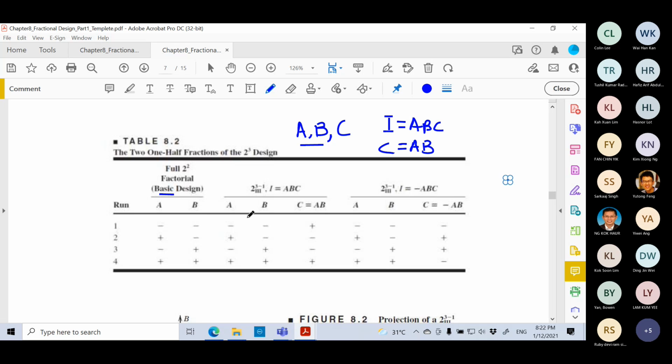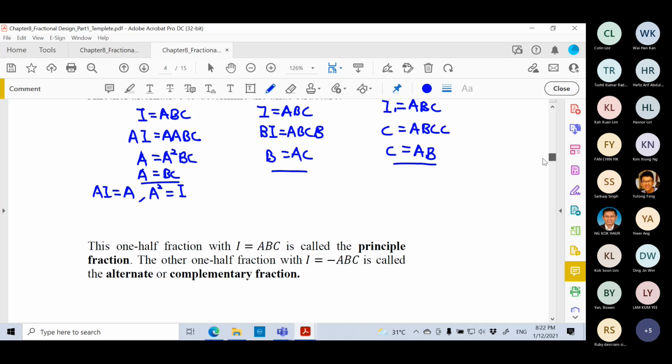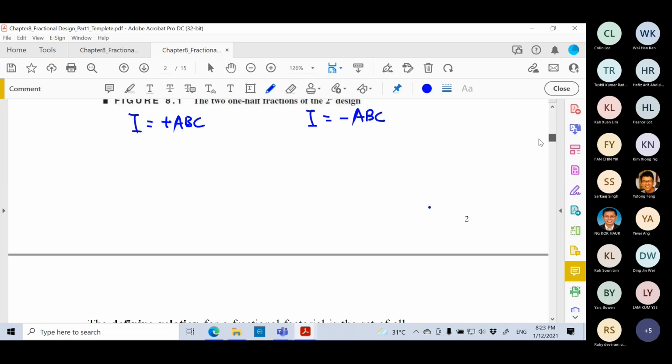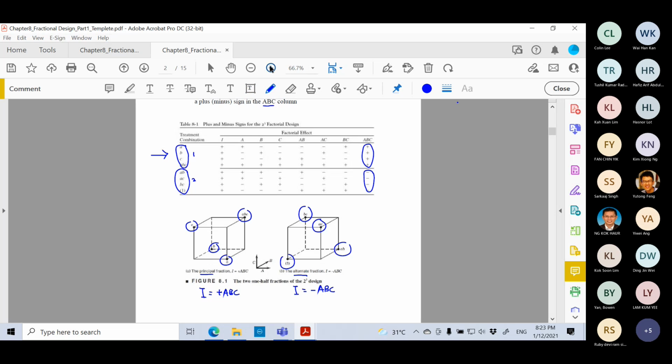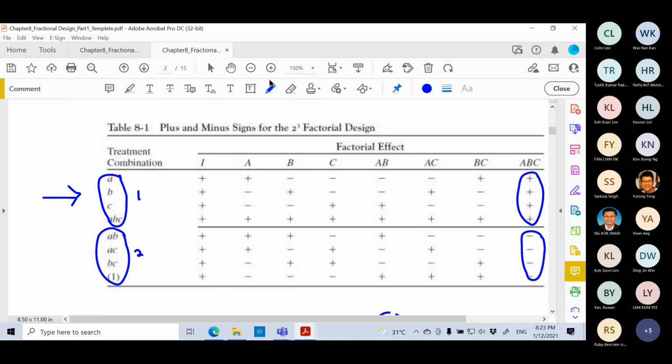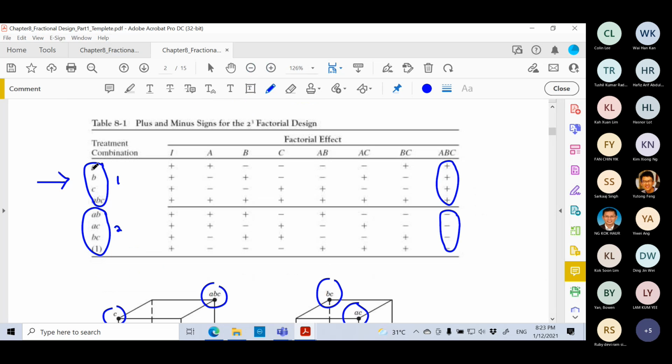For example, here you have a similar idea, 2 power of 3, you have ABC. If you write in the plus minus signs, then you need to write it down here. You run the first half, ABC.